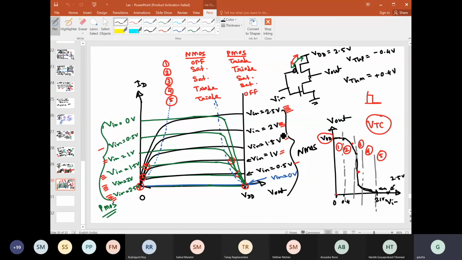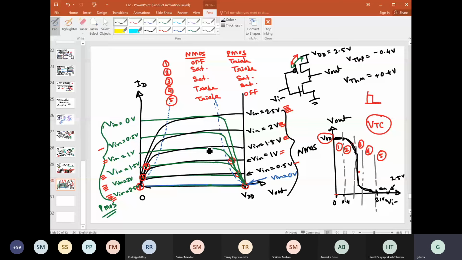Here we have also discussed the region of operation, for example what it will be for this NMOS and for this PMOS. Similarly, for region 2, then region 3, which is an almost vertical transition region.